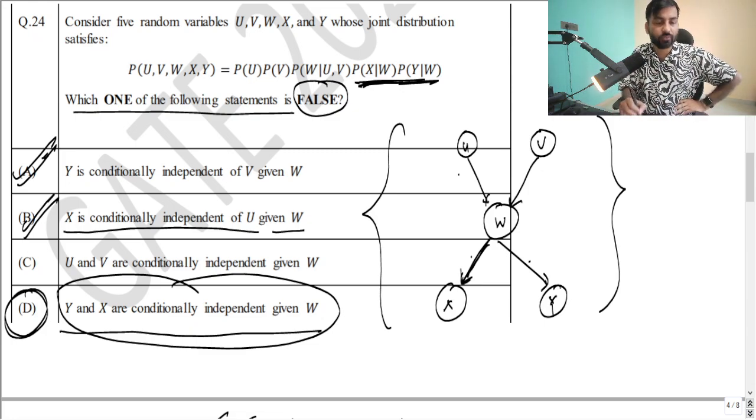Now let us see option C. Only one option is left. This is the correct answer, according to the question, because this is the false statement. U and V are conditionally independent given W. Let me write that.